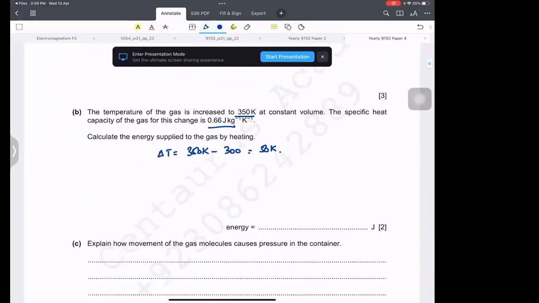And then we can use Q equals to mc delta T. We want to find energy. Okay, that's great. 110 kg, 0.66, and this is 50. What was the answer? 3600. 3600 joules. Okay, perfect.